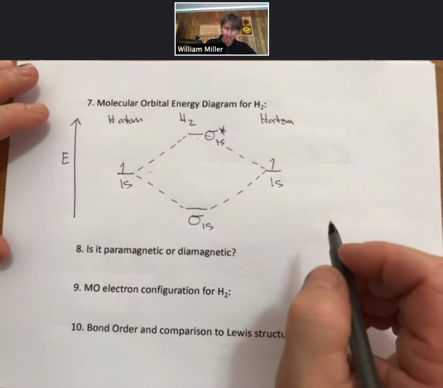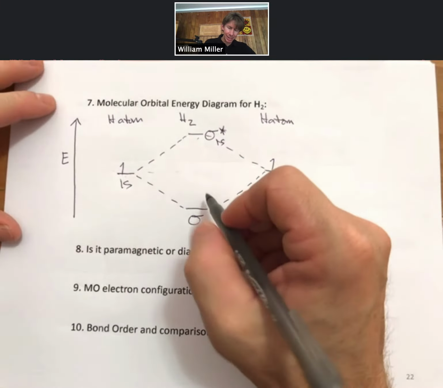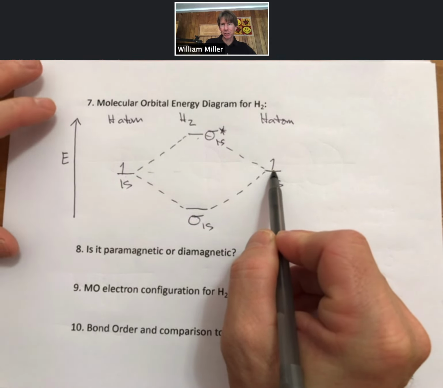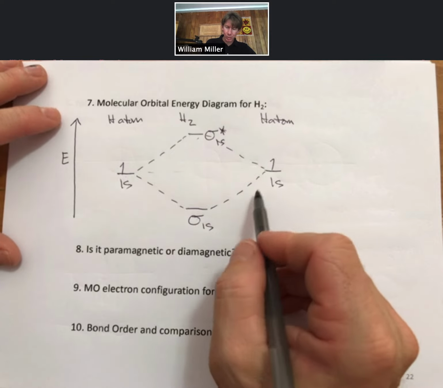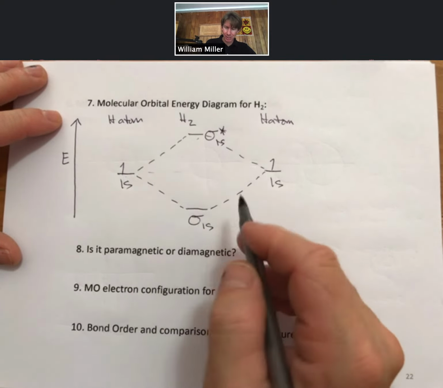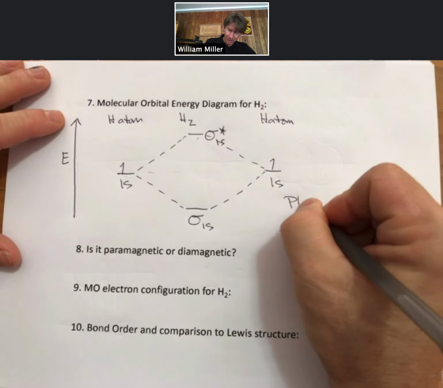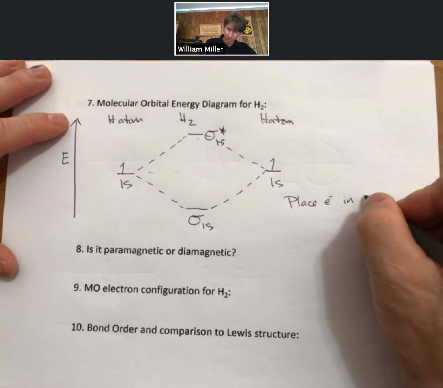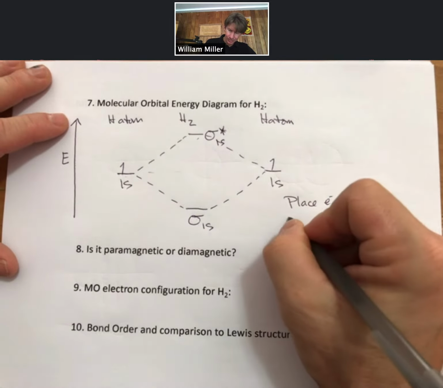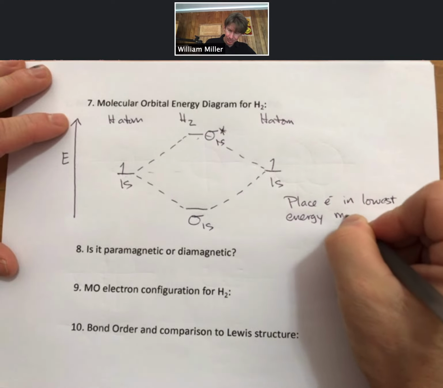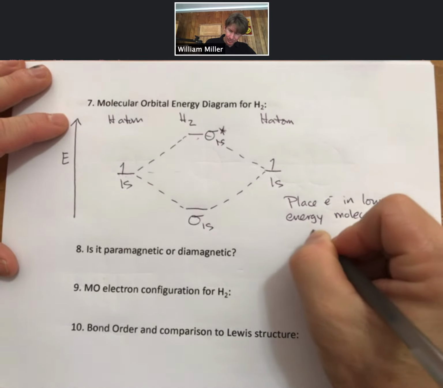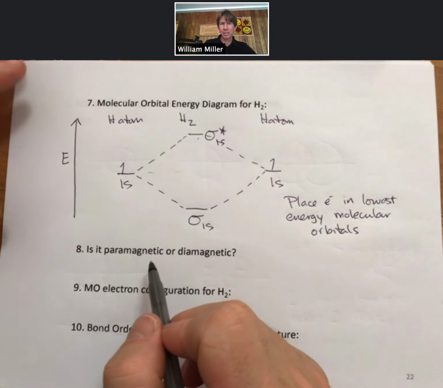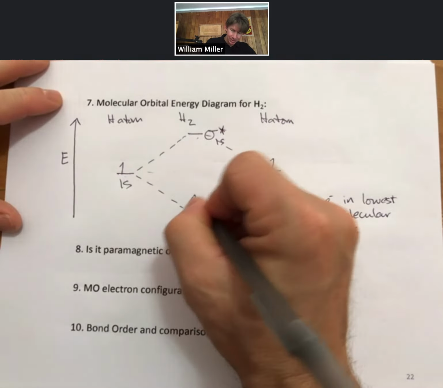Okay? All right. Then now we're going to place our electrons from our atom into our molecule. When we do that, electrons like to go to the lowest energy place first. So place electrons in lowest energy molecular orbitals. And molecular orbitals can each hold 2 electrons. 1, 2.